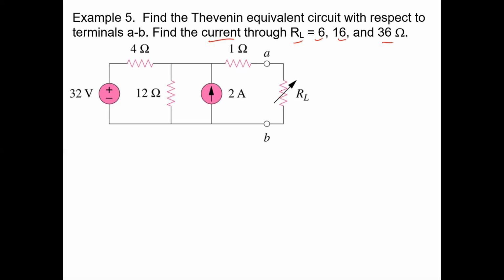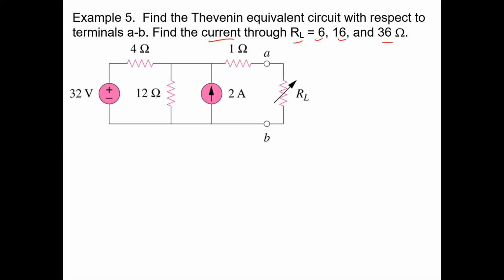And this is one advantage of knowing what the Thevenin equivalent is. Once you do simplify the circuit, you can easily determine what the current is or the voltage is across RL as you vary RL. And that has advantages for certain situations.